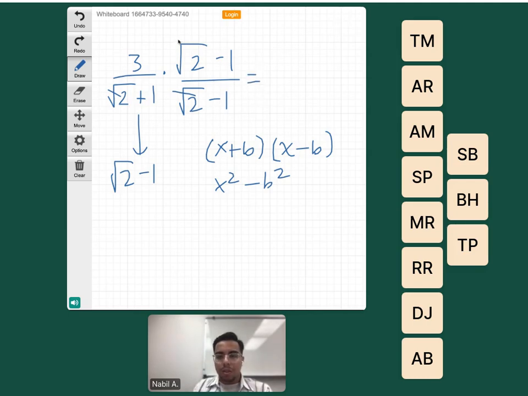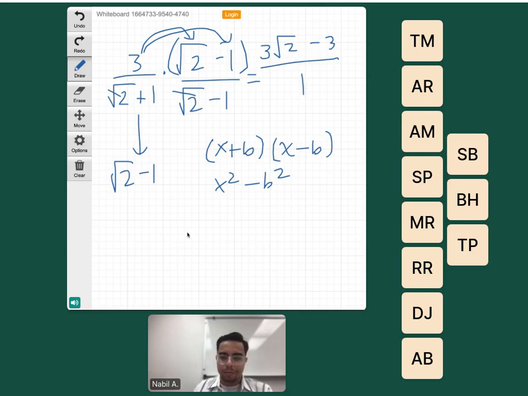All right, so then you got this 3 root 2. Basically, I have to use the distributive property, right? So 3 root 2 minus 3 over root 2. This will just be 2, and then minus 1, which would just be 1. So it'll just be 3 root 2 minus 3.